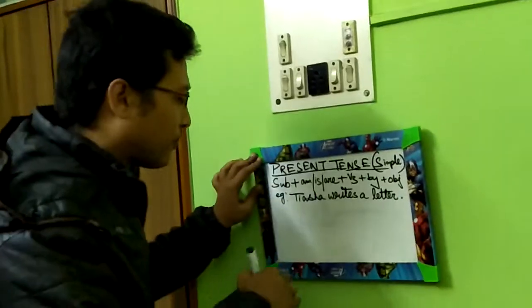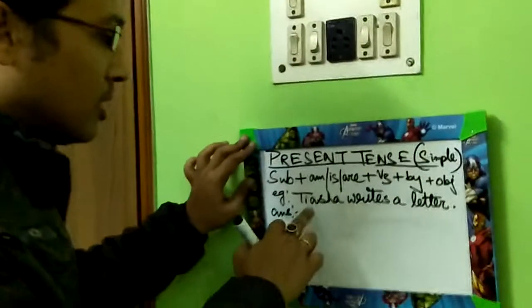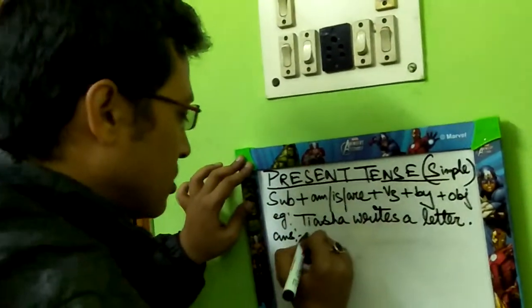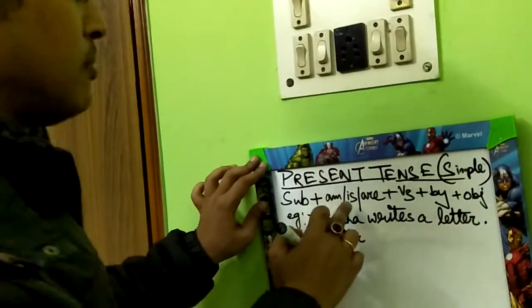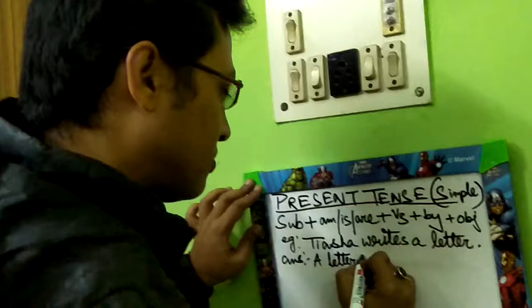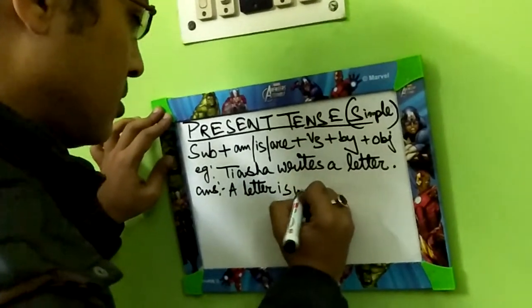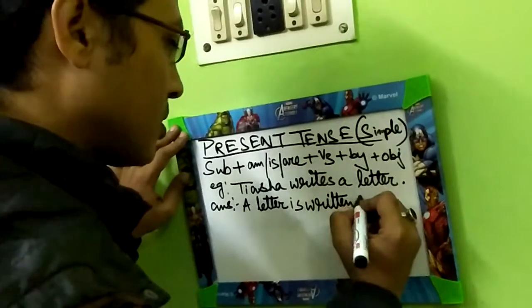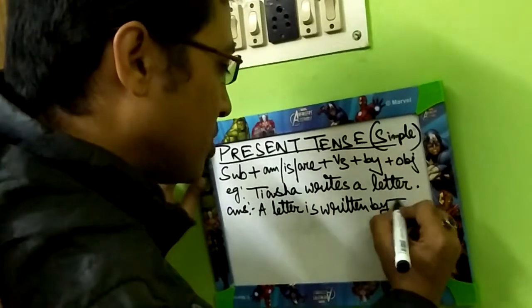By using this simple formula. So what will be the answer in passive voice? Tiasha writes a letter. According to the formula, the subject will be a letter. Am/is/are, here is, then V3, the third form of the verb given, written, then by plus object. The subject will be the object.